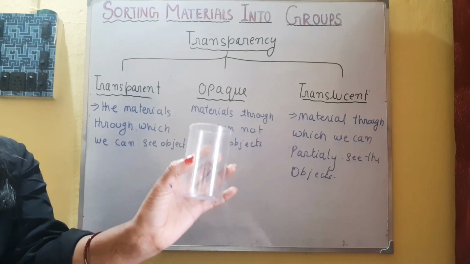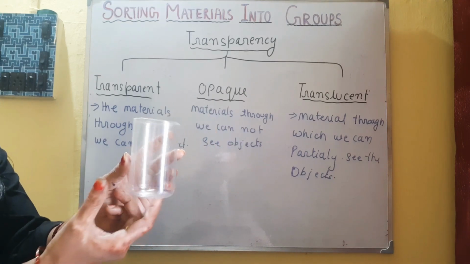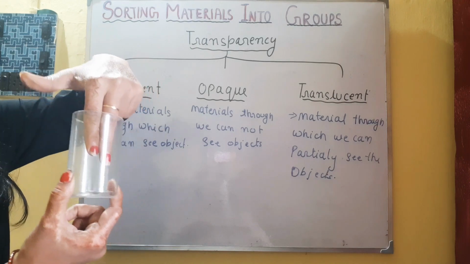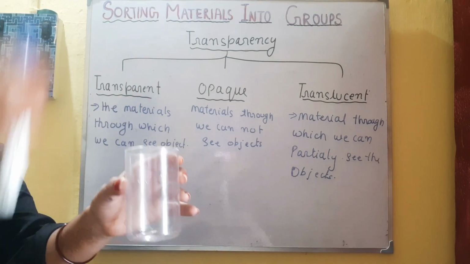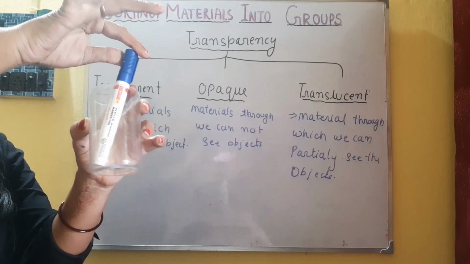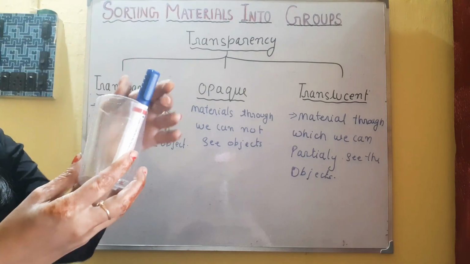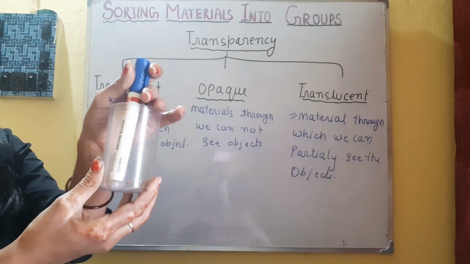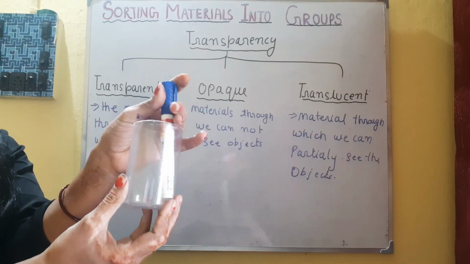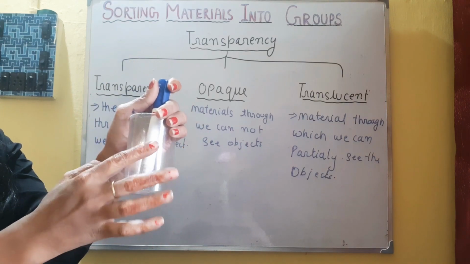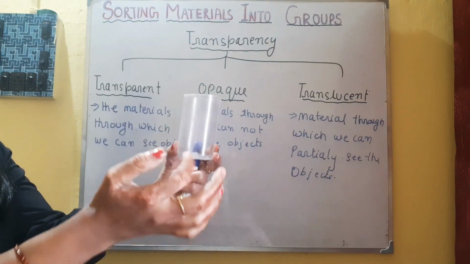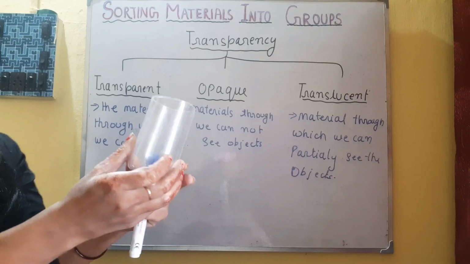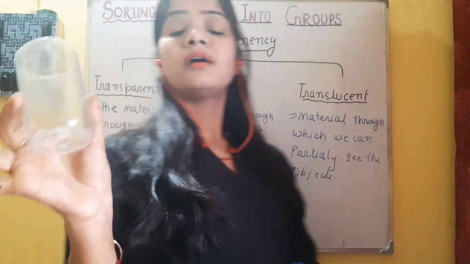For example, this is the glass, okay, and can you see my finger, or can you see this marker through it? Can you? Yeah, we can see the marker through this glass body. Means this is transparent, we can see through this, okay. That's why this is transparent.